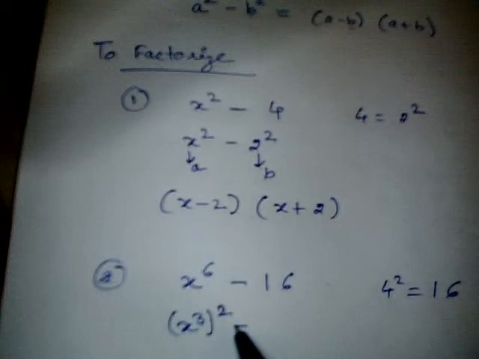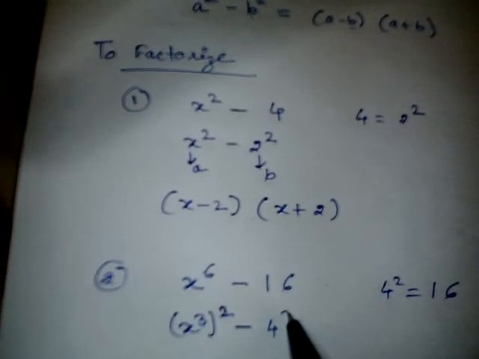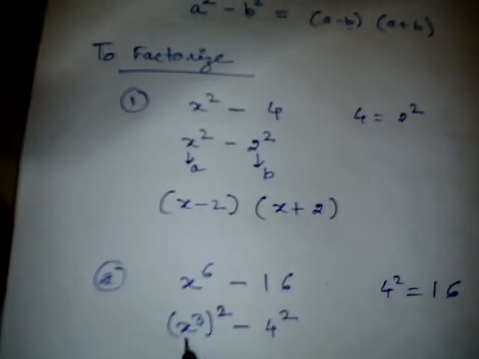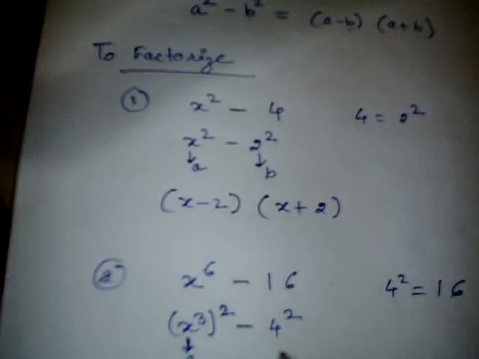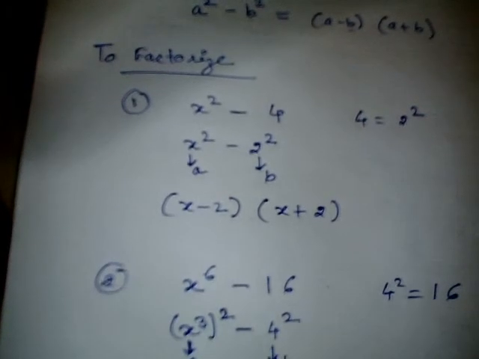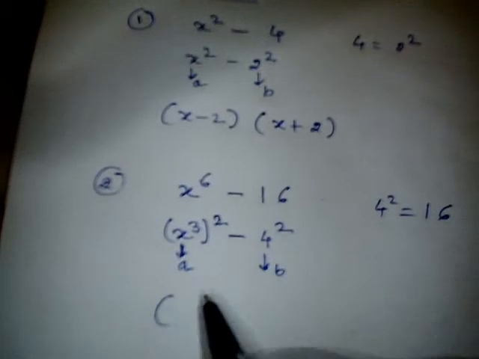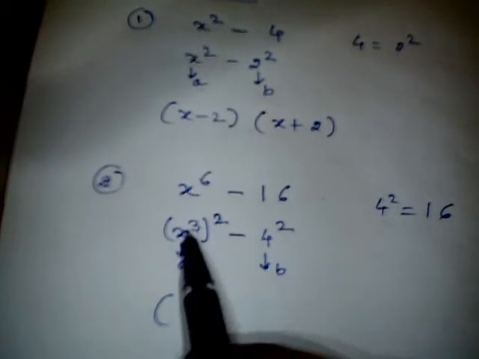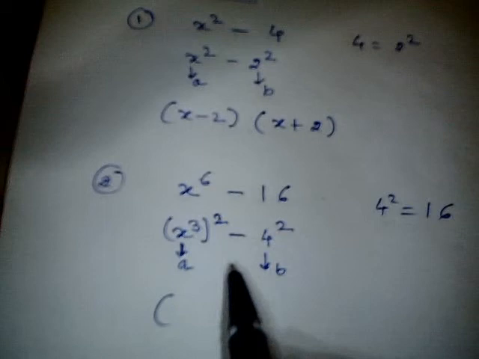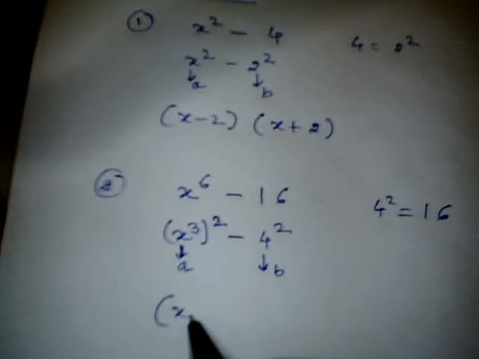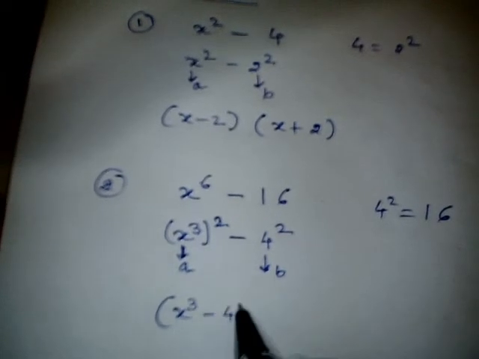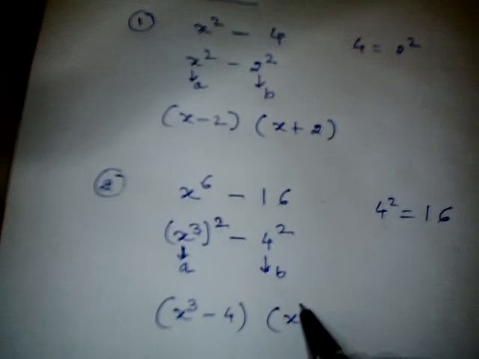So a is x cube, and b is 4, correct? Now I can apply the identity a square minus b square equals a minus b and a plus b. So it is x cube minus 4 and x cube plus 4.